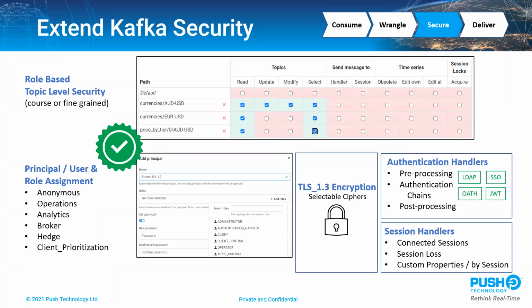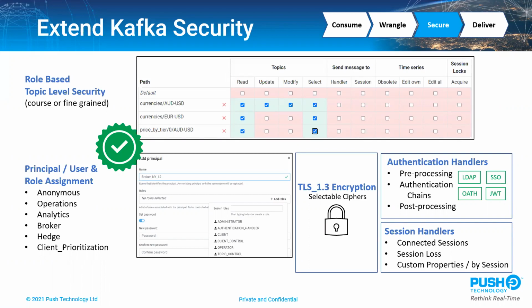Now, I may have, let's say, Australian to US dollar currencies, or maybe the euro to US dollar. I may have requirements to secure by tier level. So if I have, let's say, shared services with my end customers that are entitled to tier 0, then I want to have rules against that.